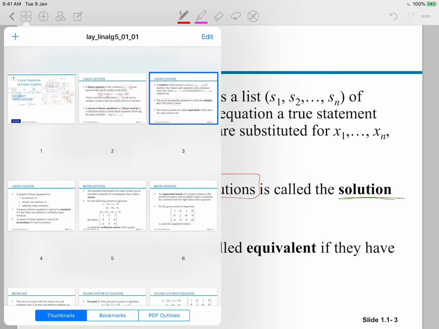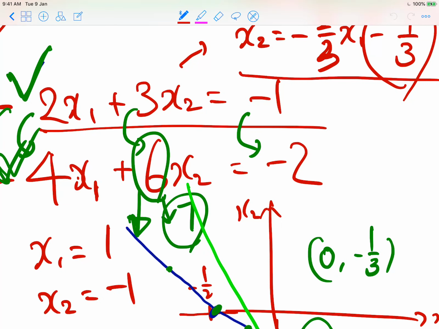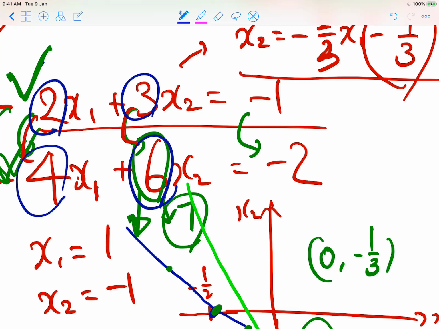So in that case, the intuitive example will be, we have the same ratio between 2 to 4 and 3 to 6, but -1 to 2, maybe -3. So in this case, what does that mean?